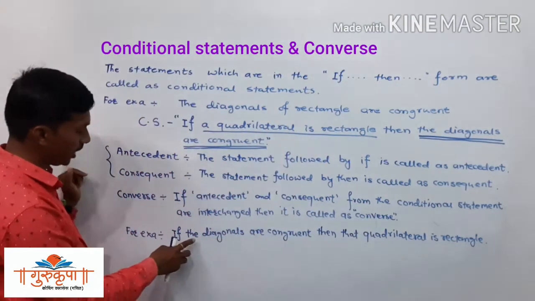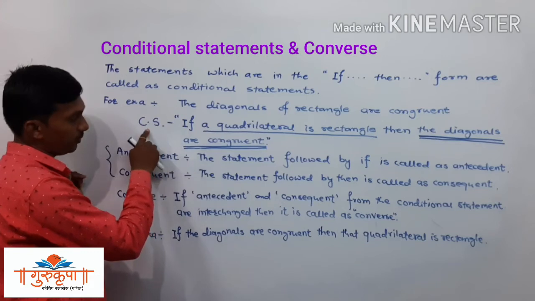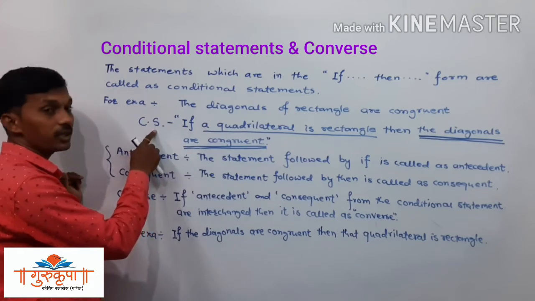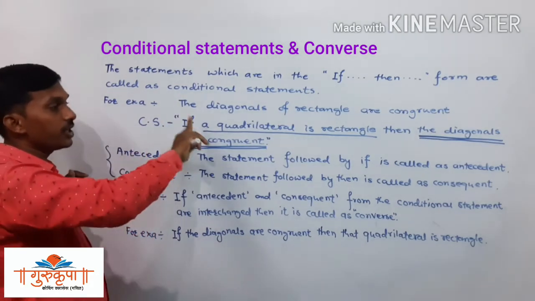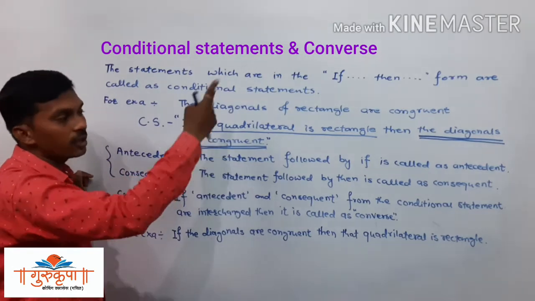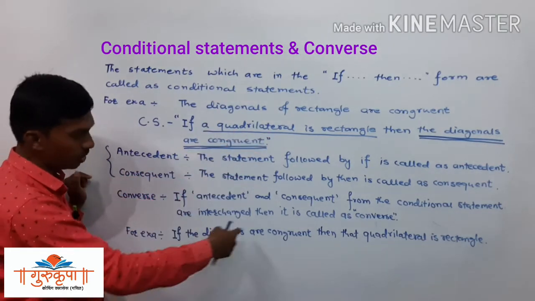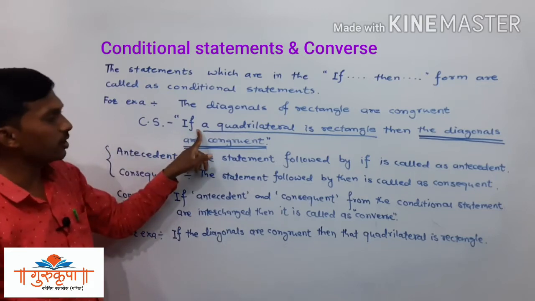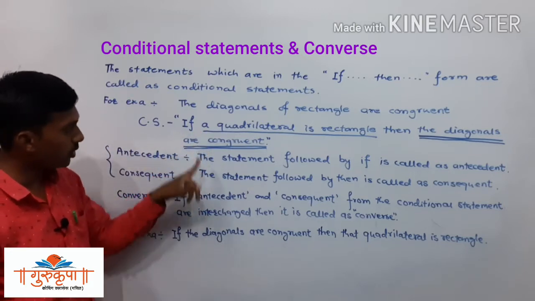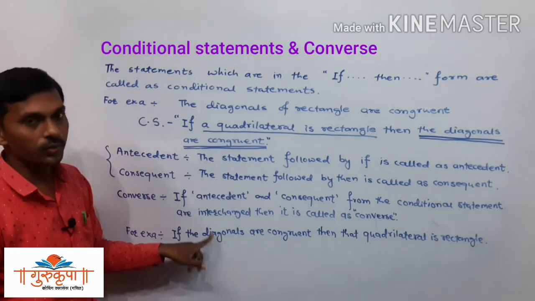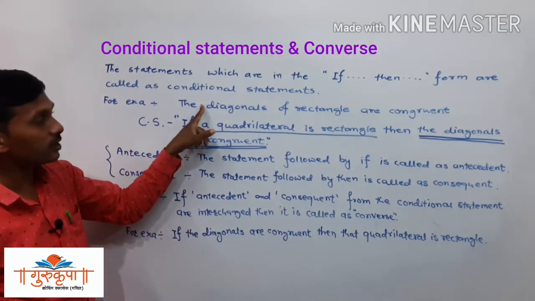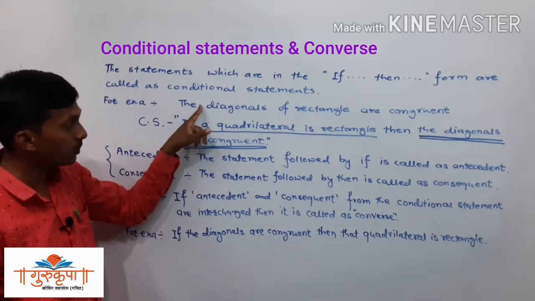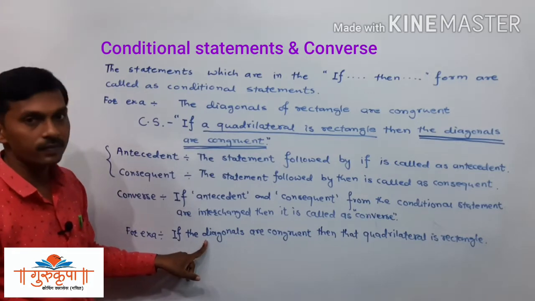And here we write an example. We have given the conditional statement here, and we change the antecedent and consequent, and we get the converse. If this is the conditional statement, then this is the converse of that statement. Or you can directly say that this is the simple statement and the converse of this simple statement is this.